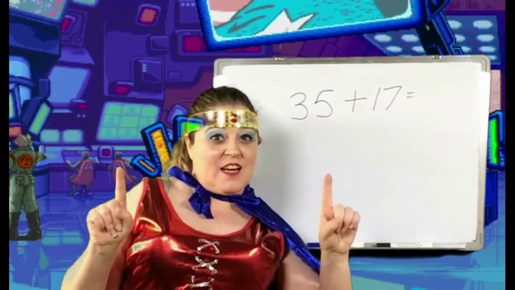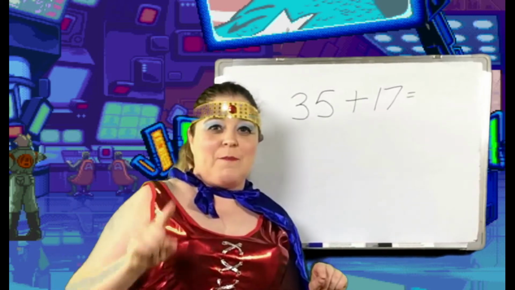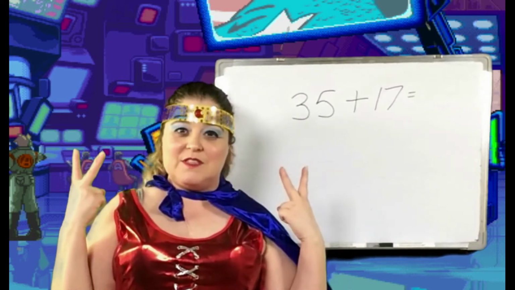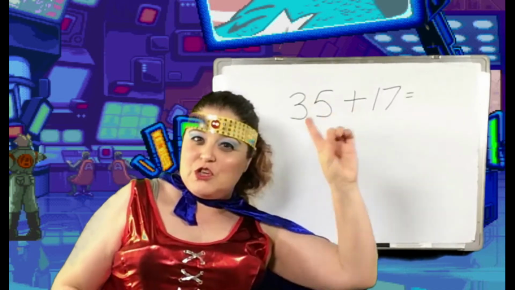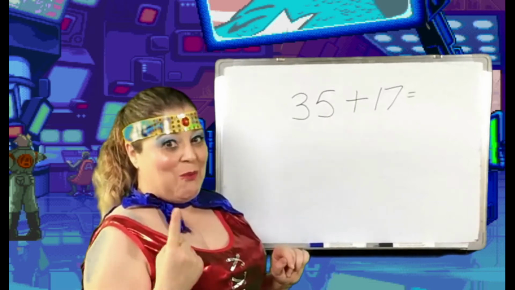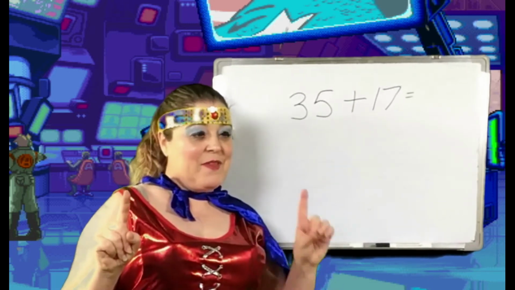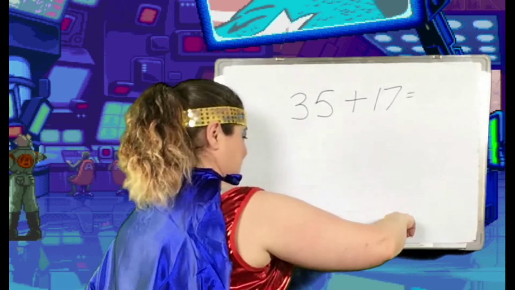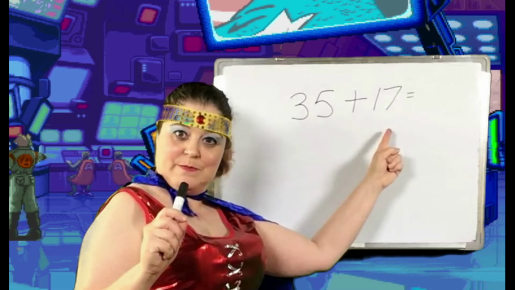We've just learned how to add two two-digit numbers by partitioning both the numbers. Now, we are going to add these two two-digit numbers, but we're only going to partition one of the numbers. Okay? So, take a look at this sum.